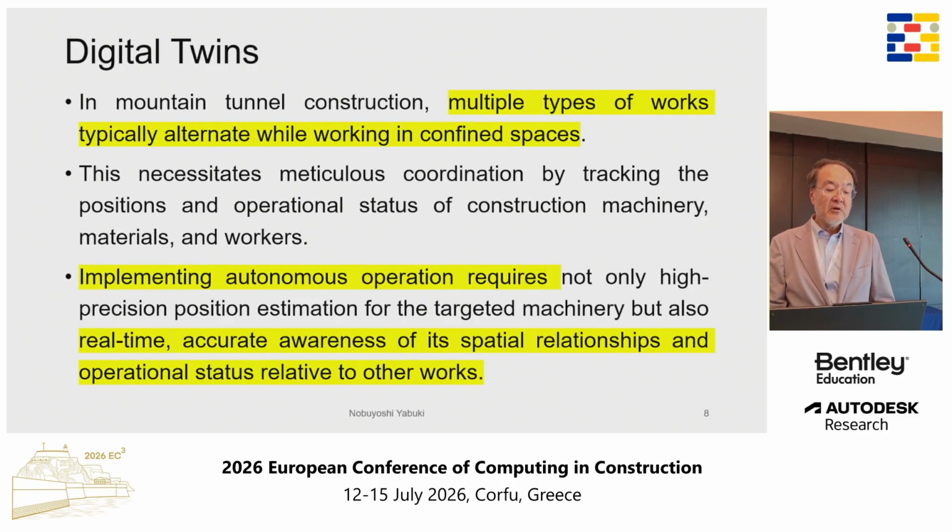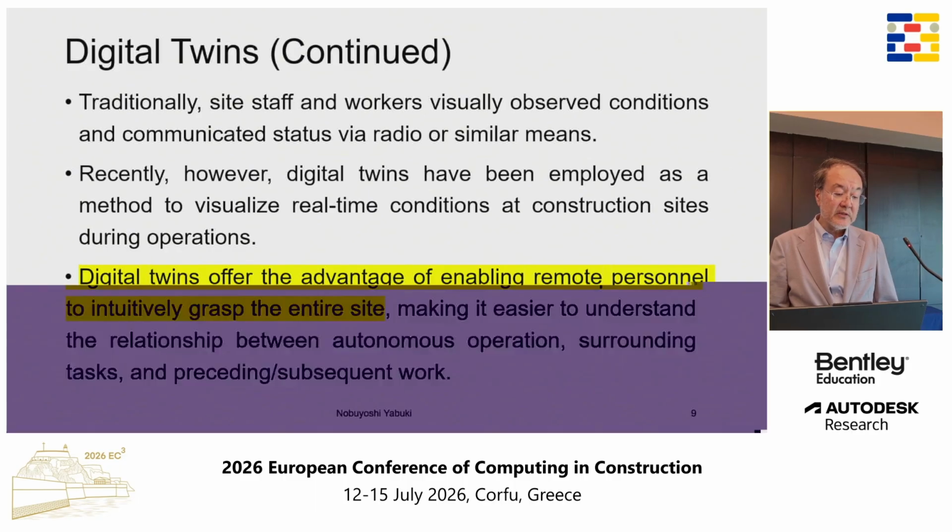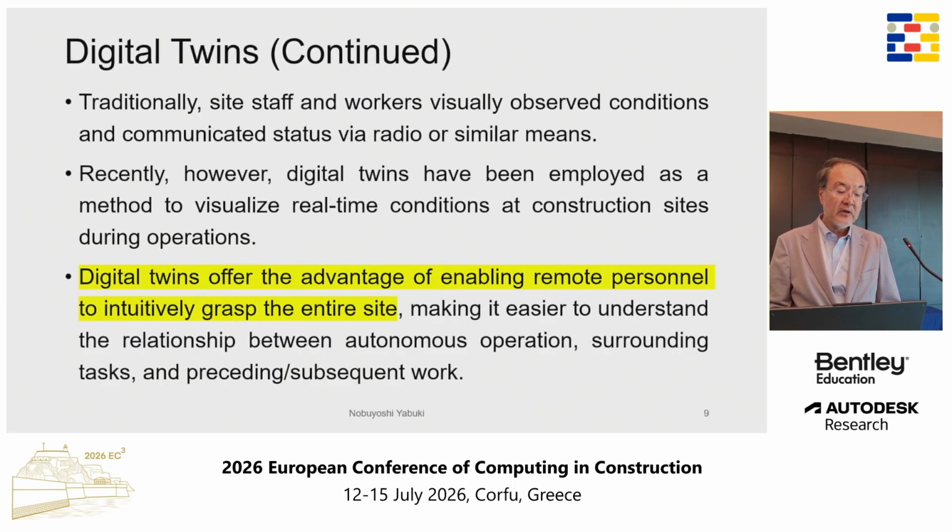Implementing autonomous operation requires real-time, accurate awareness of its spatial relationships and operational status relative to other work. So digital twins can offer the advantage of enabling remote personnel to intuitively grasp the entire site.